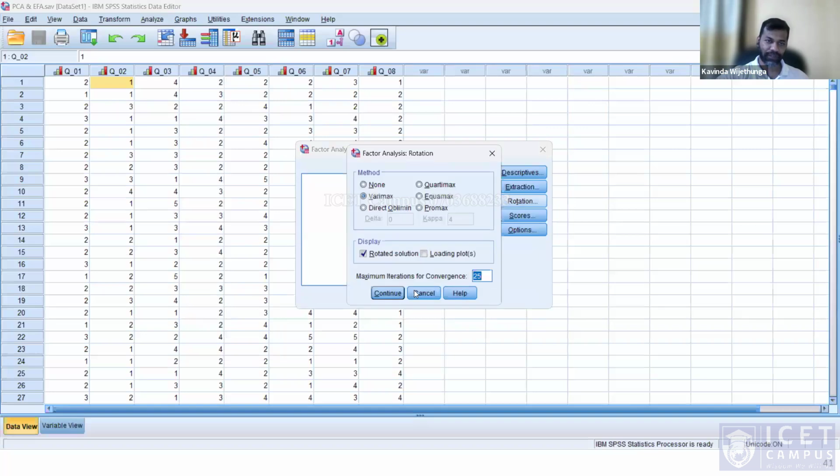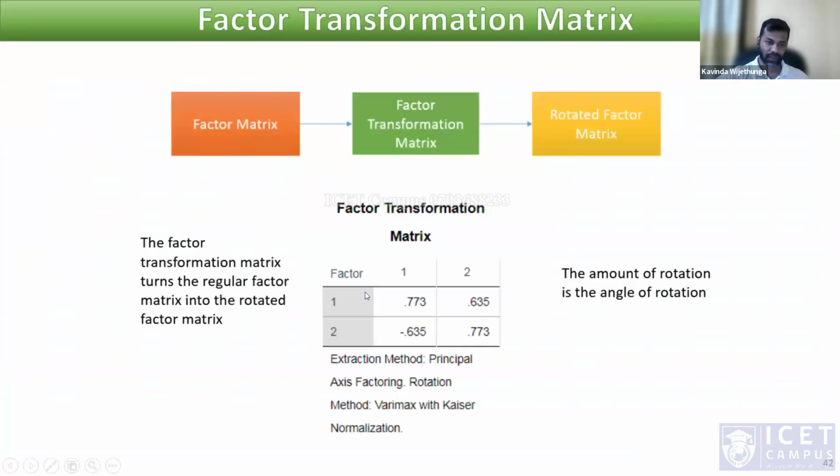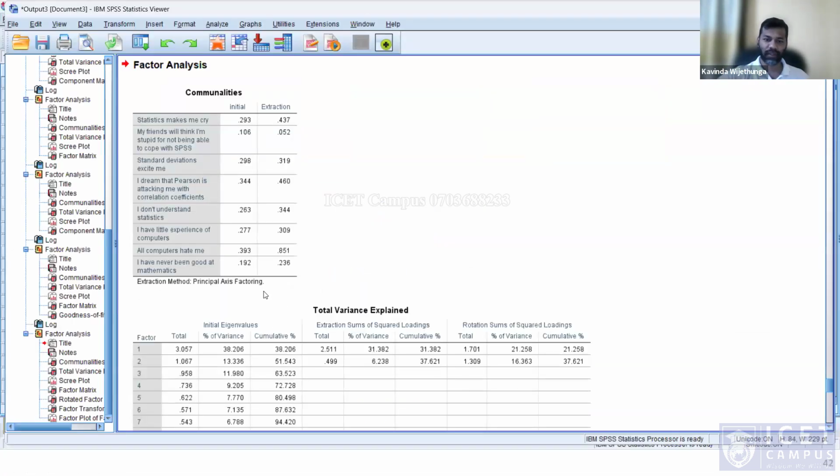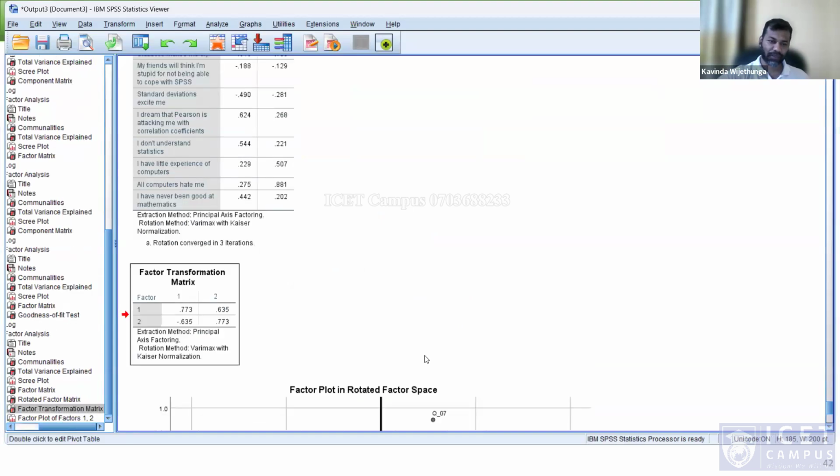Here, this is the factor transformation matrix. You can see the values there. Extraction method, principal axis factoring, rotation method, varimax with Kaiser normalization. Right? The factor transformation turns the factor matrix into the rotated factor matrix. The amount of rotation is the angle of rotation here.